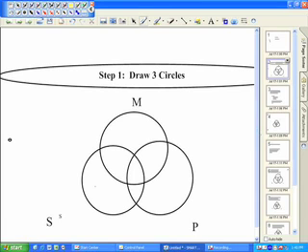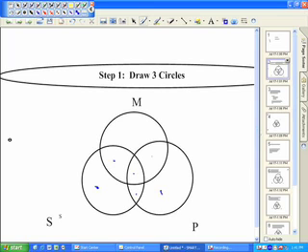This area here is the area that is S, but neither P nor M. This is the area that is both S and P, but not M. This is the area that is M. This is the area that is S and M, but not P. This is the area covered by all 3.